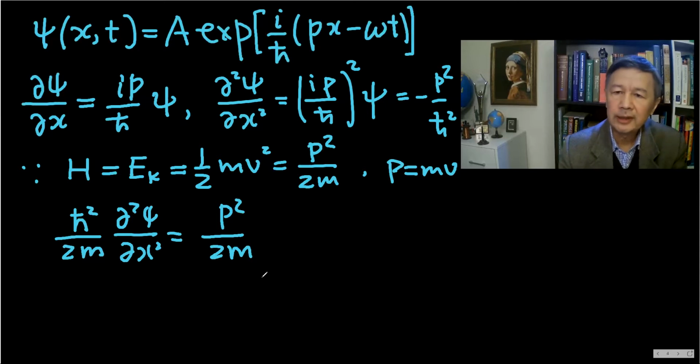Do we need to consider the negative sign? Yes, we do. We have a negative sign here: negative p squared divided by 2m. So from here, you can see that this is exactly the kinetic energy.